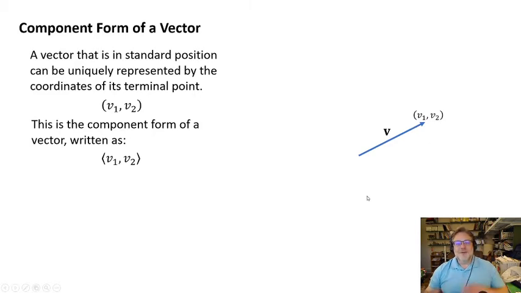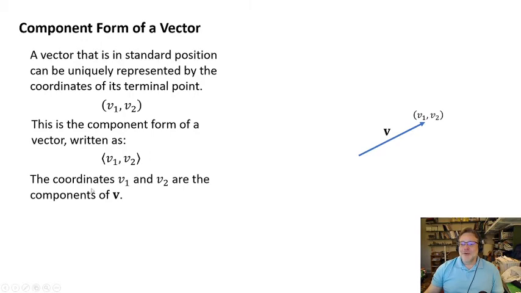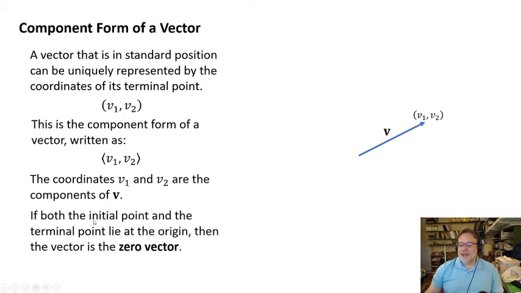So coordinates to components: the coordinates V1 and V2 are the components of vector V. And if both the initial point and the terminal point lie at the origin, in other words, if the terminal point is back at the origin where the vector also begins, then the vector is what we call the zero vector. It doesn't go anywhere.